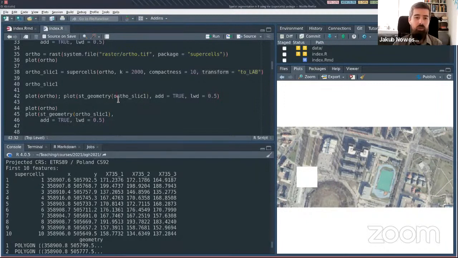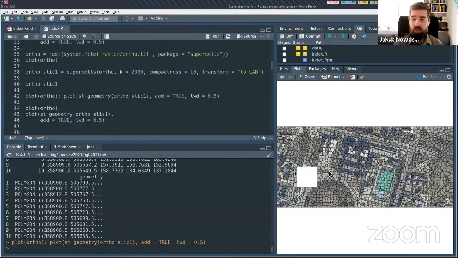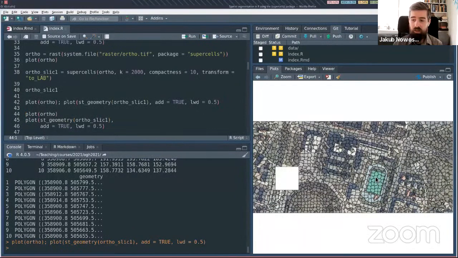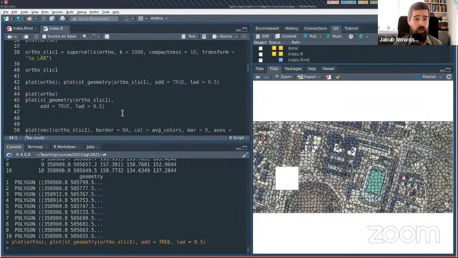And that's why we could get better results. So let's look at the results. So this is how our results look. Hopefully you can see that our field is now divided into many superpixels, similar to the stands and similar to some trees, and buildings have different superpixels, and roads as well, they have different superpixels.